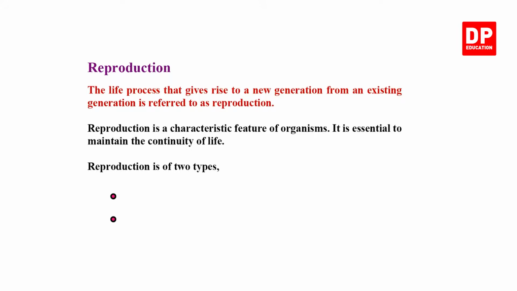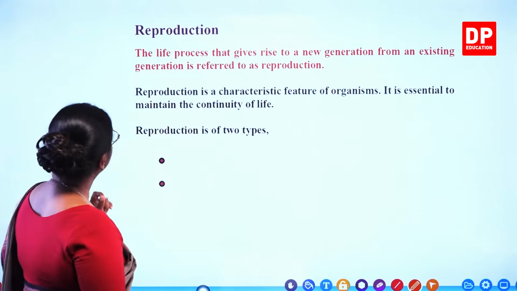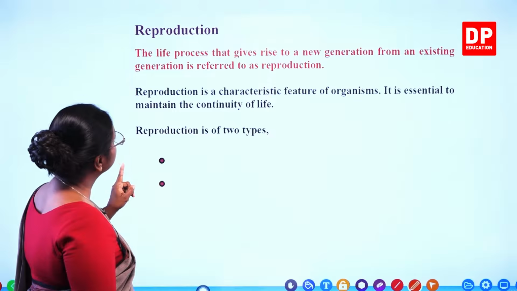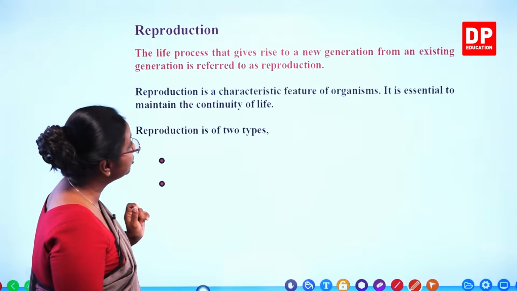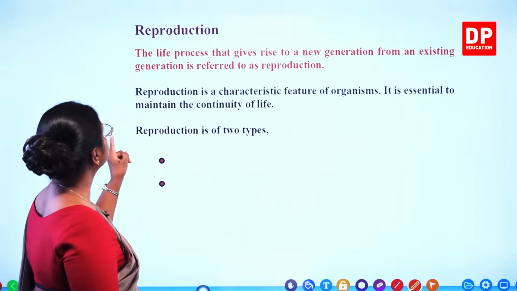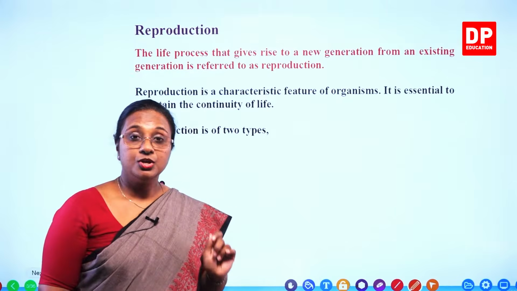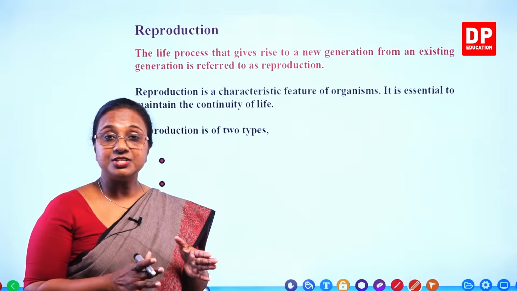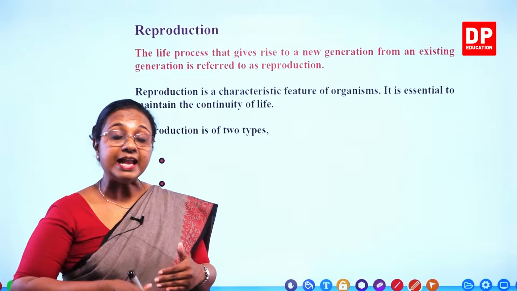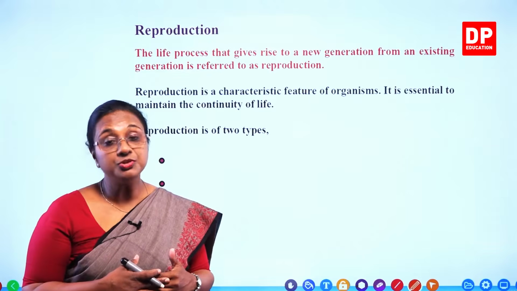So here we will try to understand what reproduction is. Reproduction: the life process that gives rise to a new generation from an existing generation is referred to as reproduction. So there is an existing generation, the current generation, that has to produce the new generation.